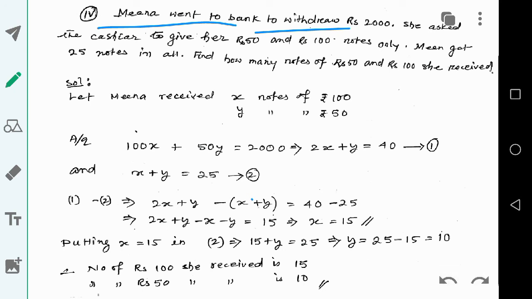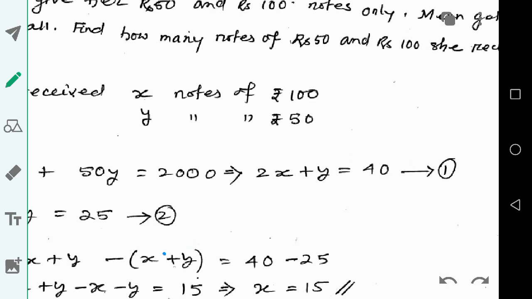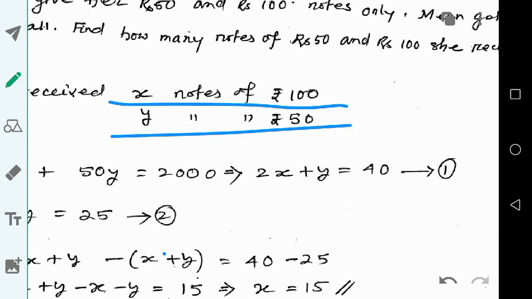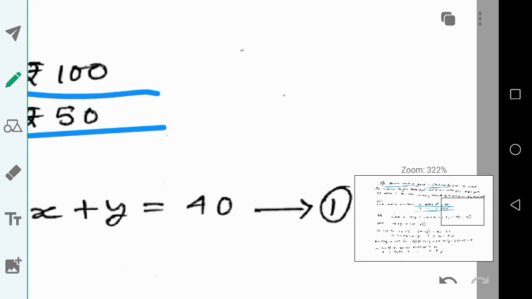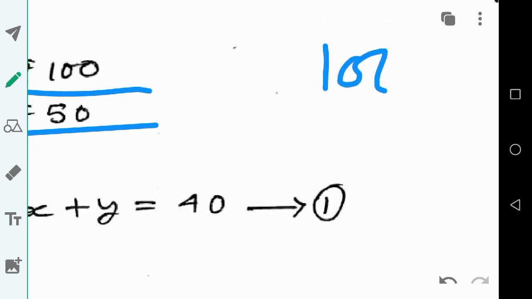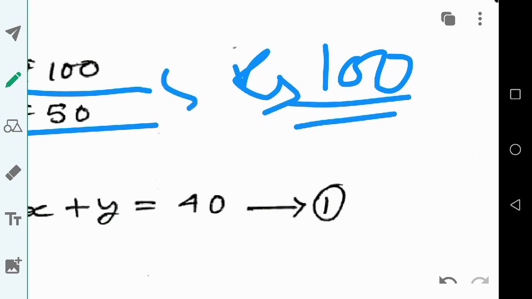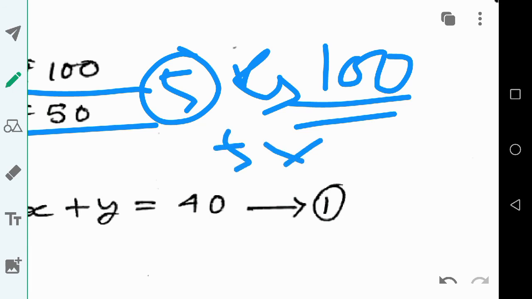We have considered that number of 100 rupees notes she received is x, and y notes of rupees 50 she received. Now you see, suppose you have 5 notes of rupees 100, then how to calculate the total amount? 5 into 100.